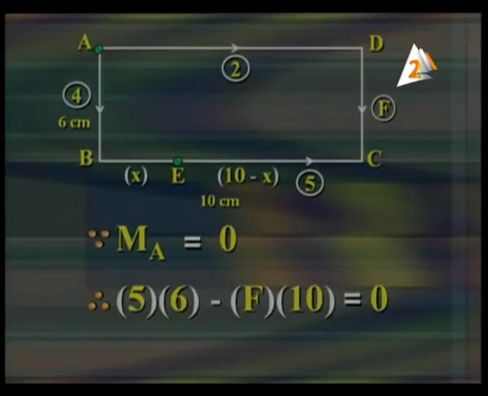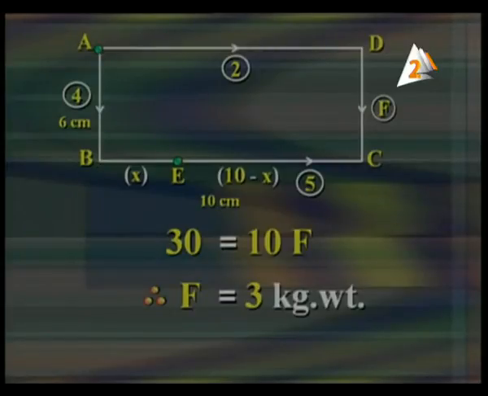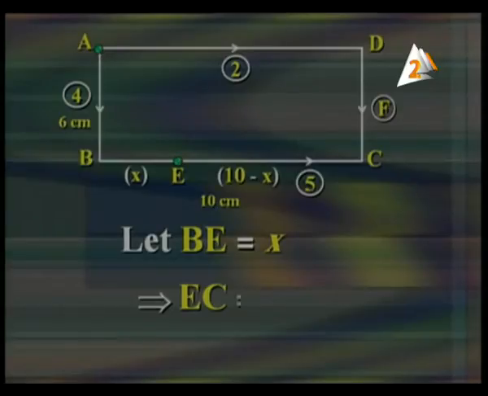And now, let BE equal X, which makes EC equal 10 minus X. So we say, since the line of action passes through E, the moment about E equals 0. And we get 4 times X minus F times (10 minus X) minus 2 times 6 equals 0.